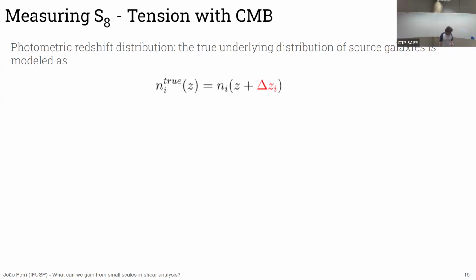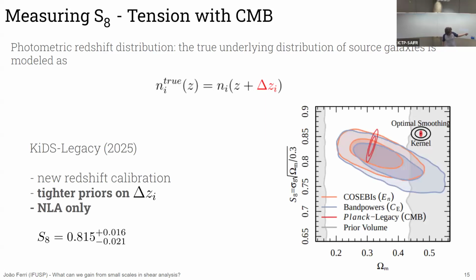And the second thing that they have changed is this delta z_i parameter right here, which is basically a parameter that we let free in the theory to marginalize over our ignorance about the true underlying distribution of galaxies. So they made a new redshift calibration, and they put tighter priors on this parameter here. And they also use only NLA, so they got rid of 3 parameters.